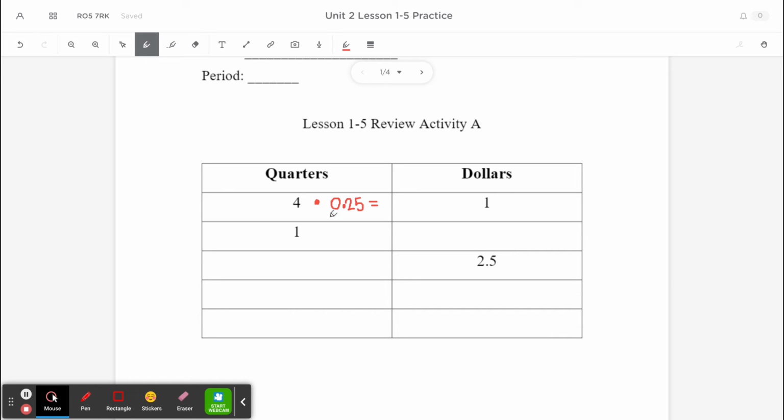In class, we've been talking about how if we have a relationship like 4 for every 1, we need to find the constant of proportionality, or what we're multiplying by across our table. If I know that 4 times something equals 1, I can divide my product, the answer, which is 1, divided by 4 to tell me my missing number.